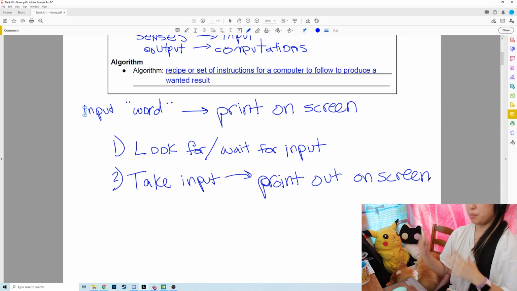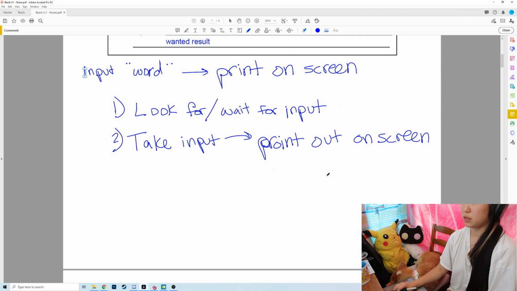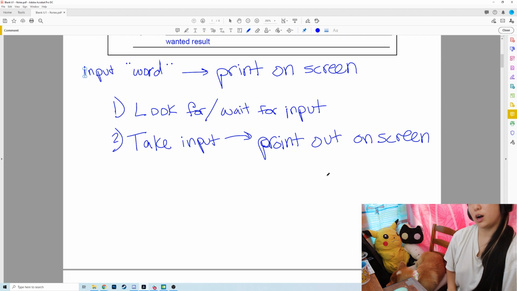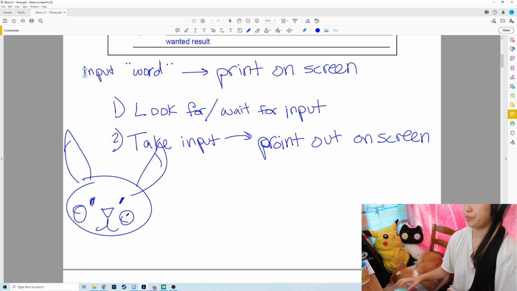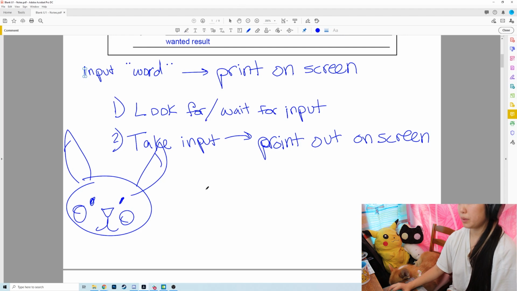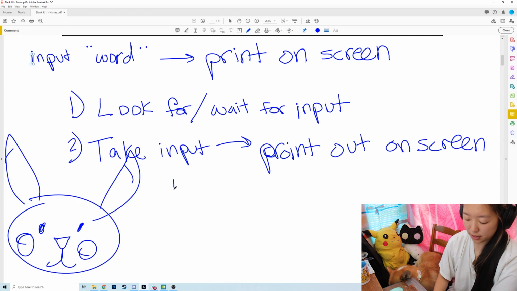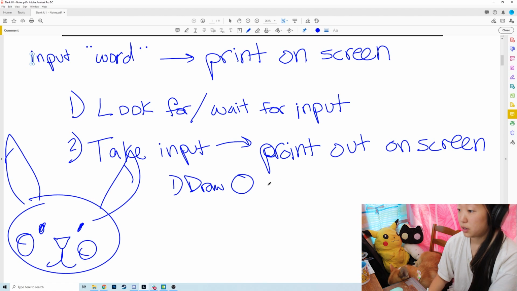Computers take it and break it down into more complicated steps that you don't need to know right now. We just started focusing on what an algorithm is. Or maybe I want to draw a Pikachu head. Right? So how do we get a computer to do this? Well, the first thing we need to do is maybe we can say draw a circle in the center of the page.